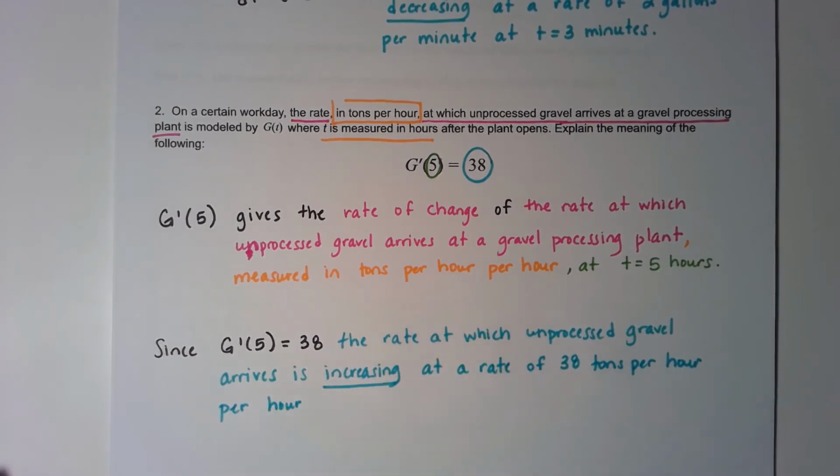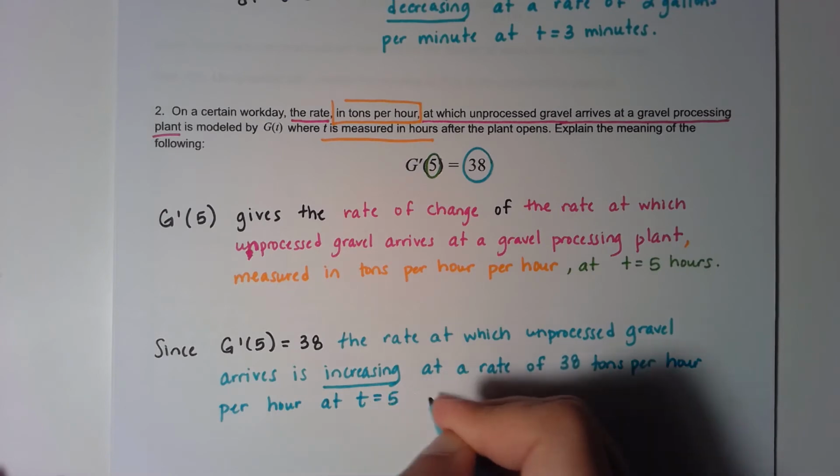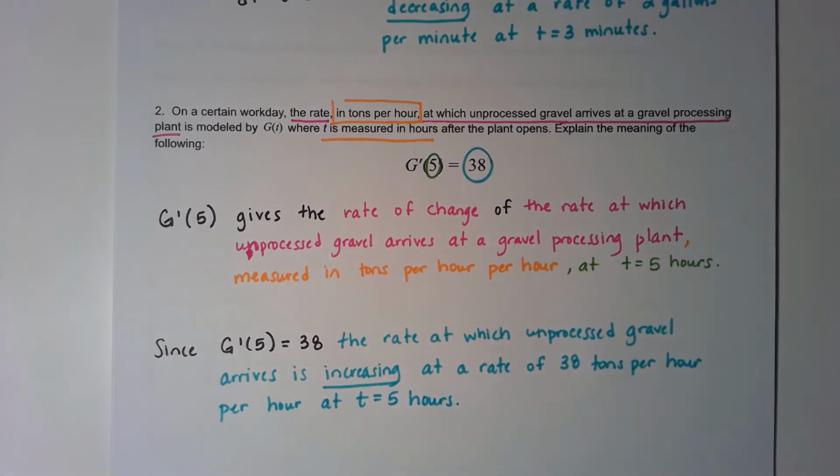We're finding the slope of the slope at t equals 5 hours. So what that's basically saying is, if you know how fast your gravel's arriving, it's coming faster and faster. Like if you got 10 tons in the first hour, then you're going to get 20 tons per hour in the second hour. So it's going to arrive faster and faster.